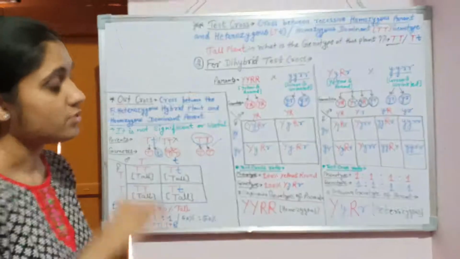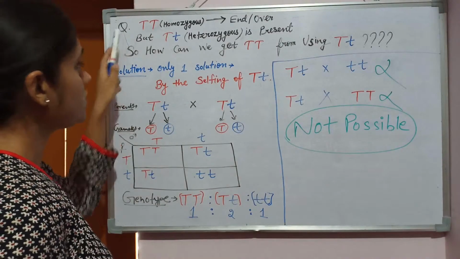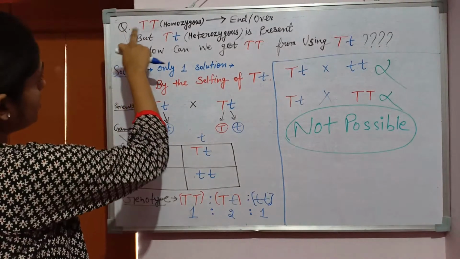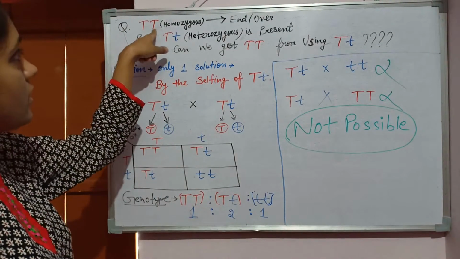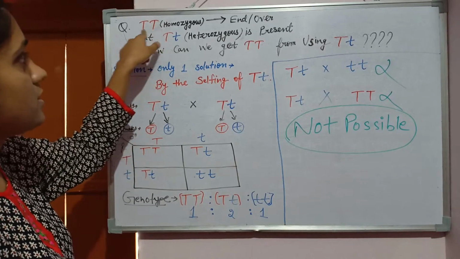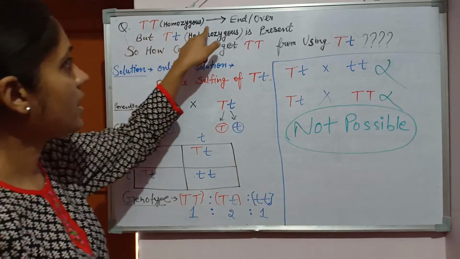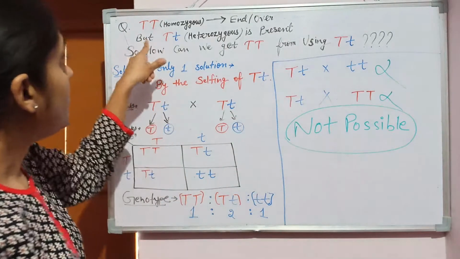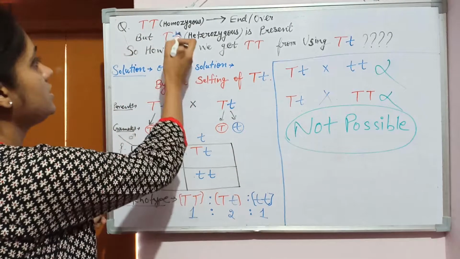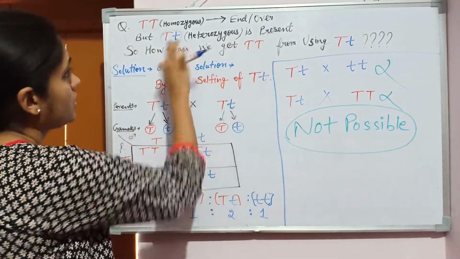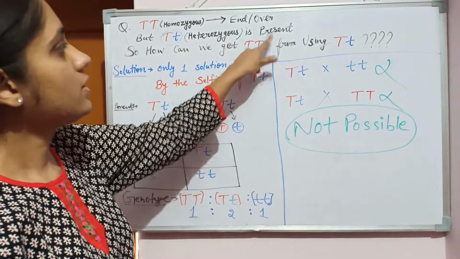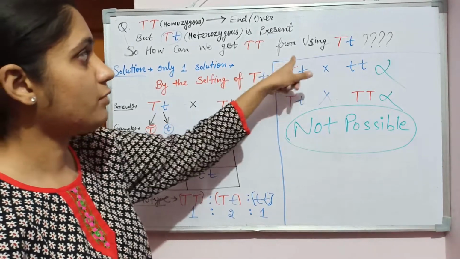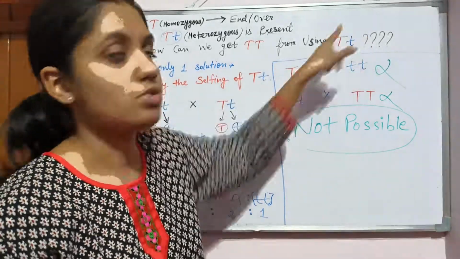Okay, so this is the most important question that I have for you. The question is, when the dominant homozygous parent is not available, but only the heterozygous one is present, how can we get a homozygous tall plant, a homozygous dominant plant, using this heterozygous tall plant?